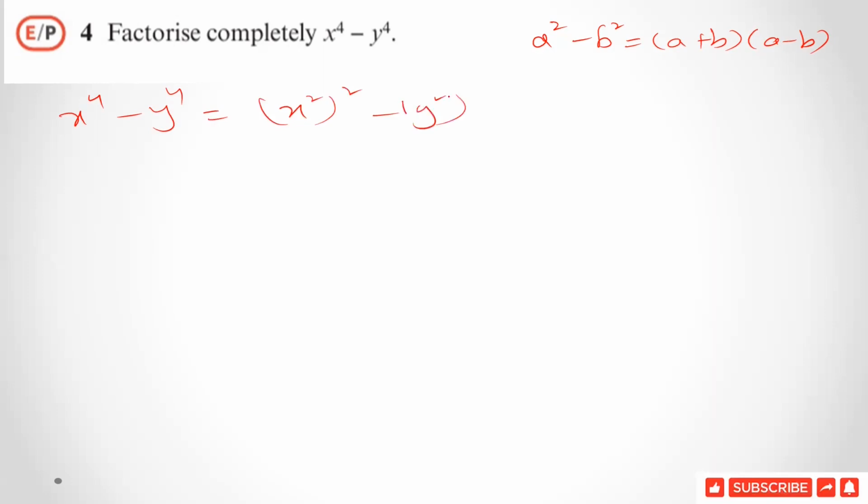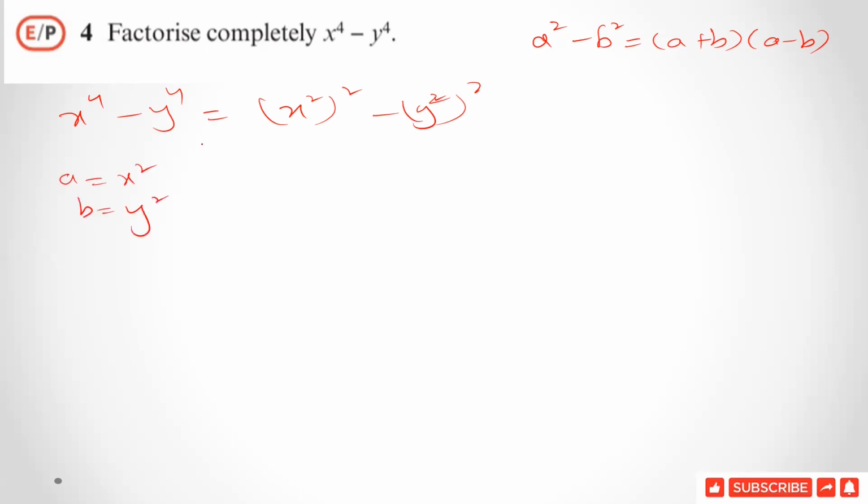Question 4. Factorize completely. This is the easiest question we got now. Again, we shall apply the formula a square minus b square equals a plus b times a minus b. So here, x power 4 minus y power 4. We can rewrite it as x square whole square minus y square whole square. We have split 4 into 2 times 2. Now we know we can take a equal to x square and b equal to y square.